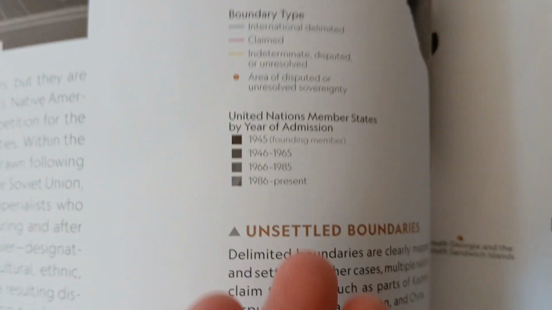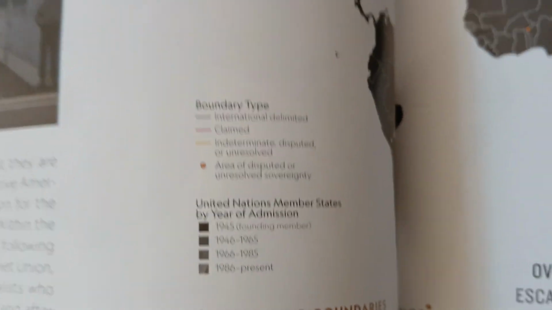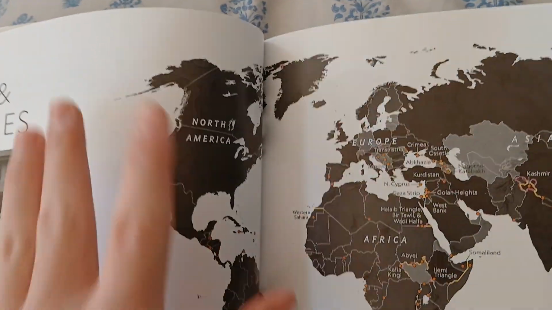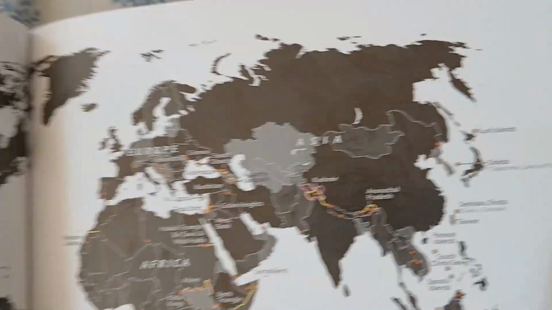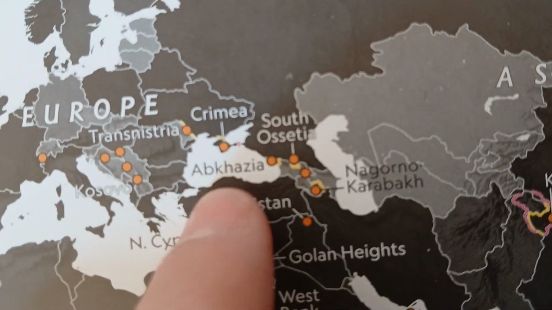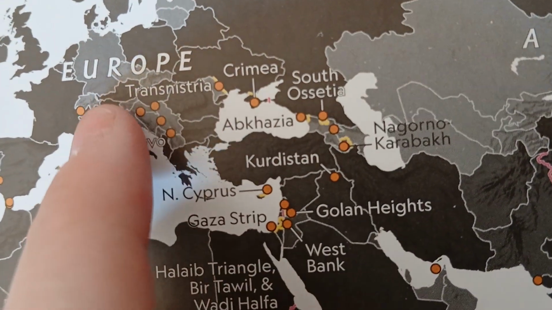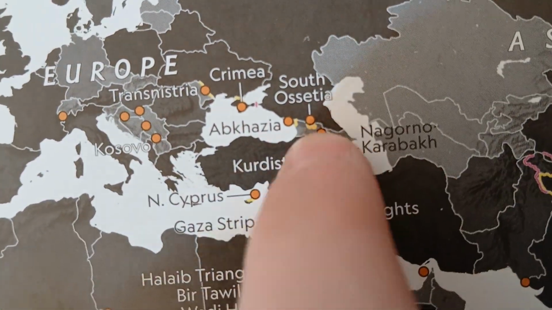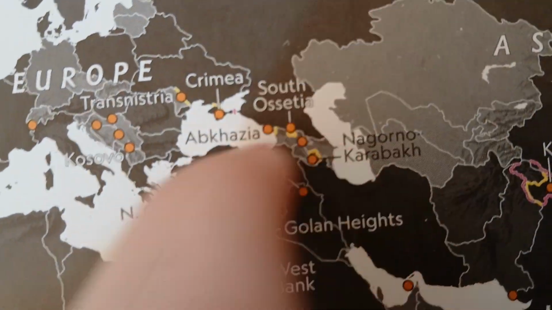These are the borders and boundaries. So this is the members of the UN. The darker ones are the oldest members. And then if you look here, you have Crimea, Transnistria, and stuff in the Middle East.